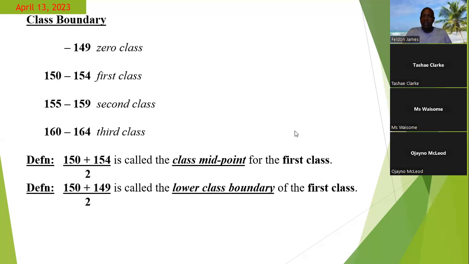So what would be the midpoint now of the second class, Mr. Paisley? That's what I was asking. 75.5. How would you get 75.5? I don't understand.